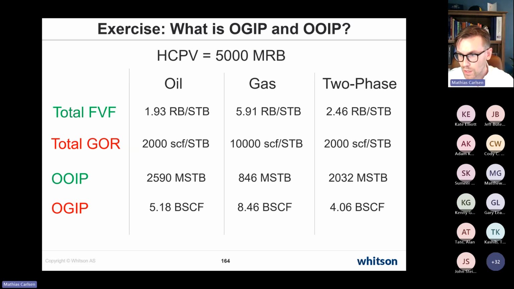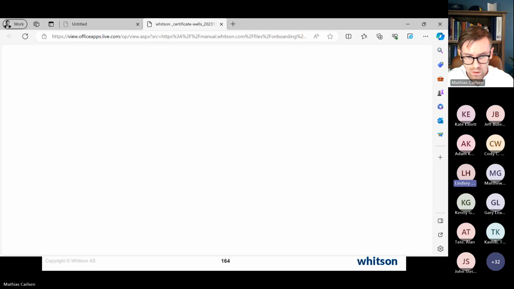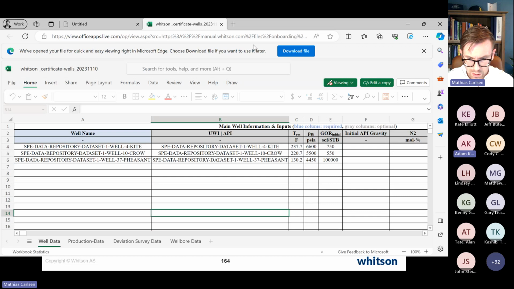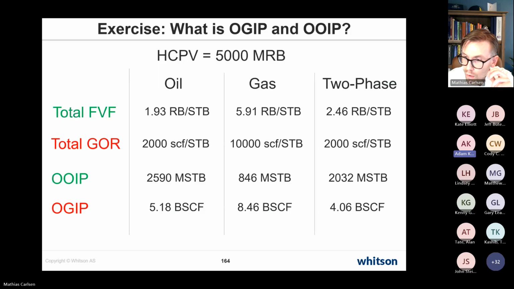Have people been able to download the data? Mine has been flashing verifying link for at least a minute. Mine's doing that too, but it downloaded.